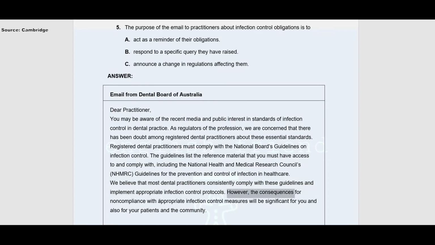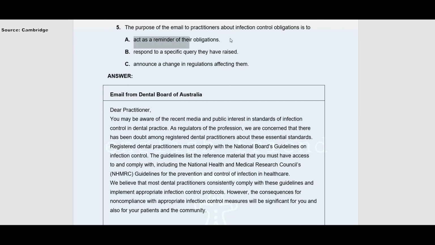However, the consequences for non-compliance with appropriate infection control measures will be significant for you and also for your patients and the community. So it's all about the guidelines and the necessity of the dental practitioners to follow it. And they are reminding that the consequences of non-compliance would be significant for them and for the patients and the community. Now let's go through the options.